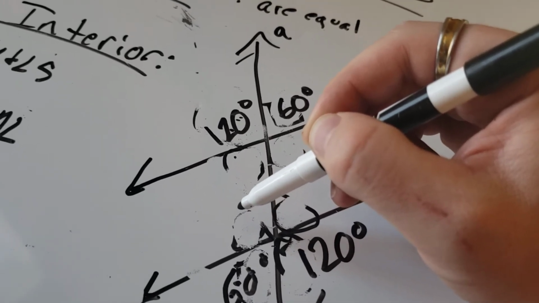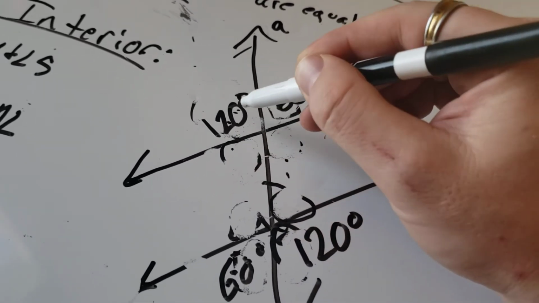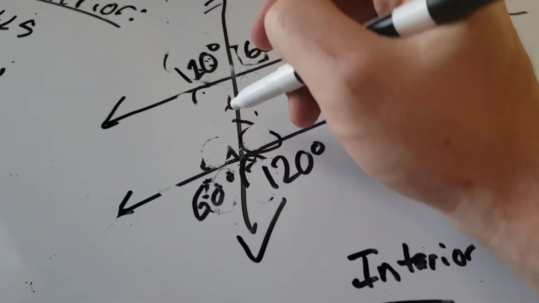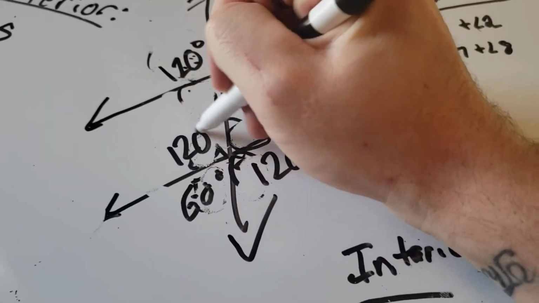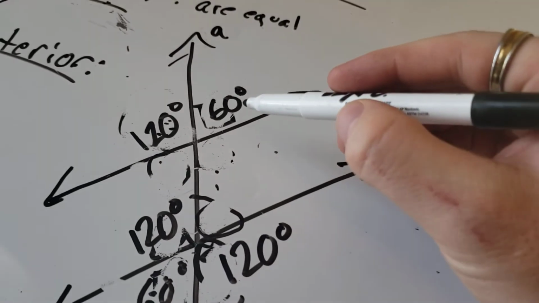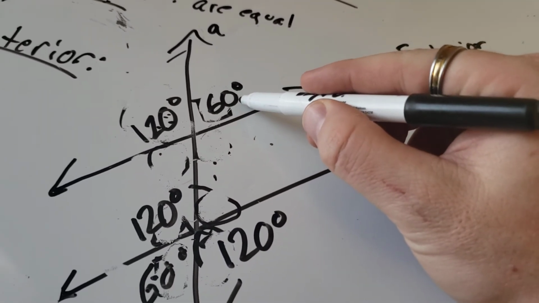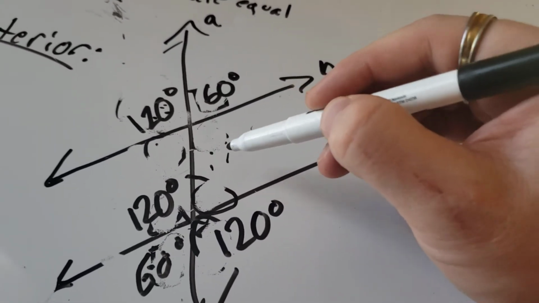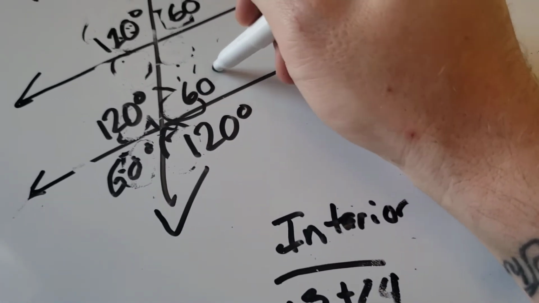Those are called corresponding angles. So if this angle is 120, guess what? This angle is also 120. Same idea on the other side. If this angle is 60, squish it together. This angle has to be 60.